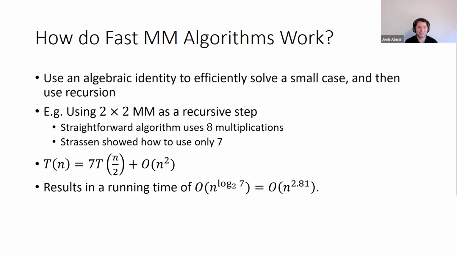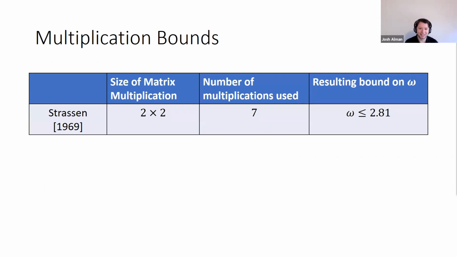And there are really nice theorems that if you had, say, an arithmetic circuit for multiplying matrices, you could always convert it into a recursive algorithm like this that only loses a small constant factor in the running time. So you can assume without loss of generality that all the matrix multiplication algorithms we're dealing with have this recursive form.